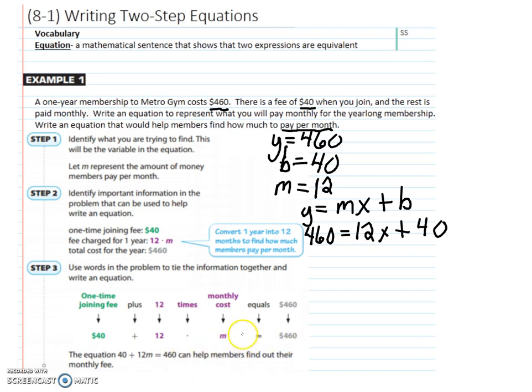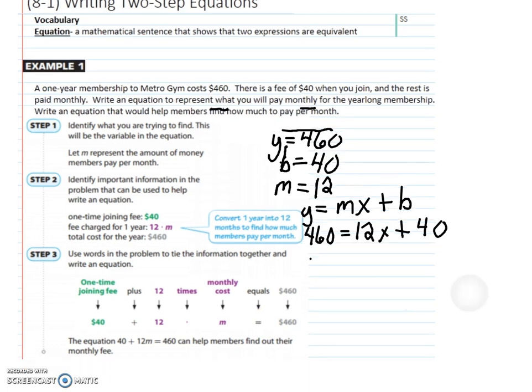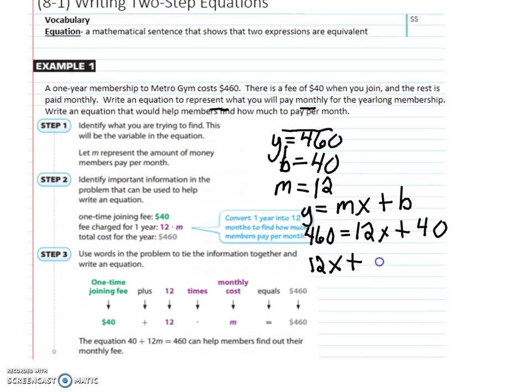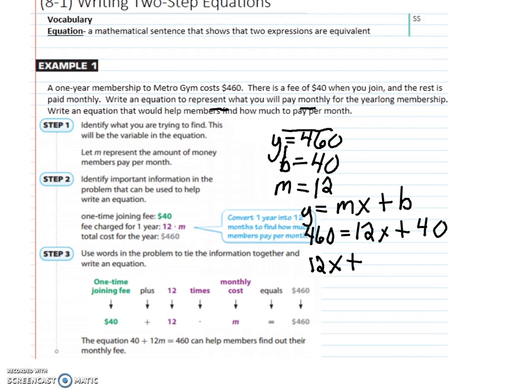They just used a different variable and they put their total on the right. Well, I can rewrite mine like that also to say 12x plus 40 equals 460.